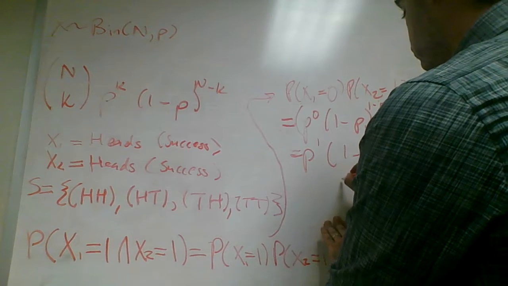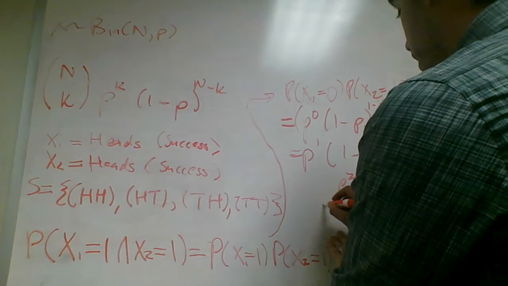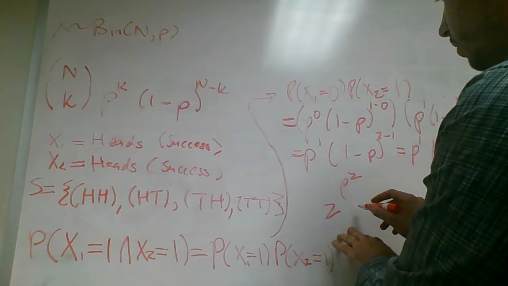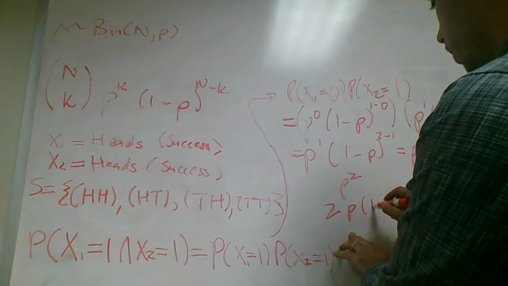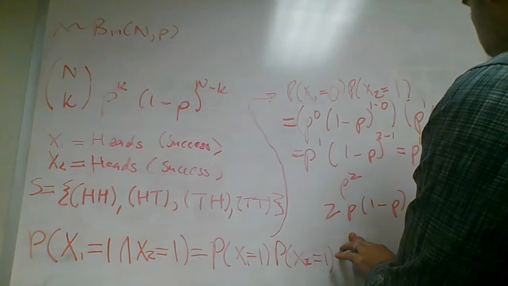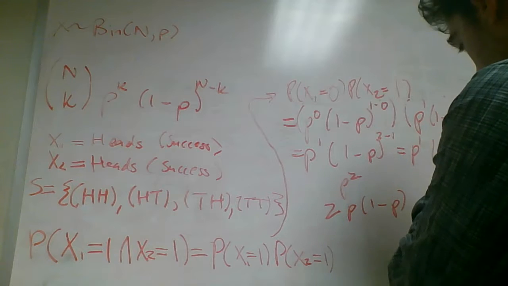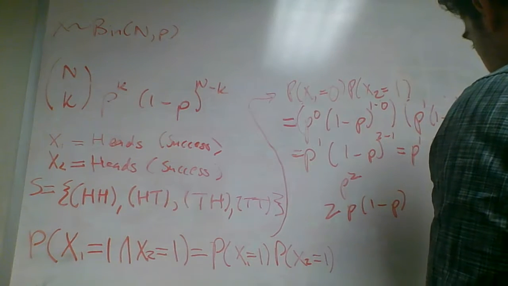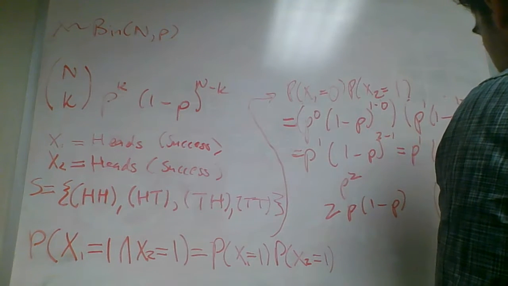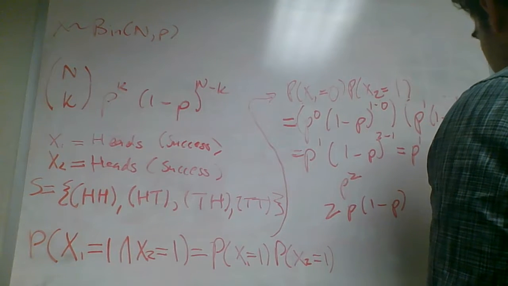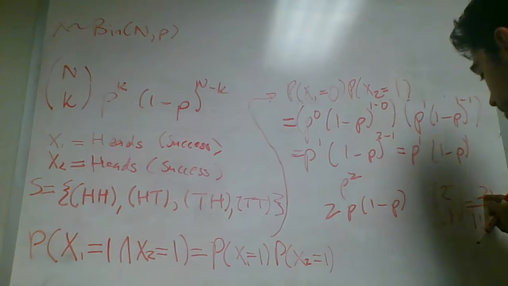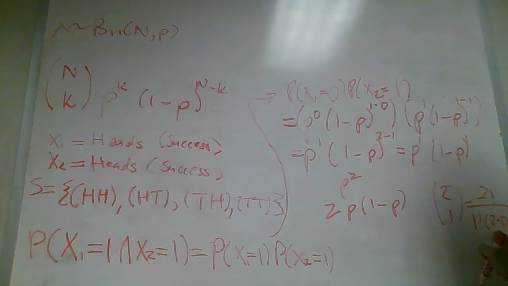The first was p squared, but I have two different ways of getting p times 1 minus p. And it turns out when you do 2 choose 1, it's equal to 2 factorial over 1 factorial times 2 minus 1 factorial. So it's 2 over 1 times 1, so it does equal 2.